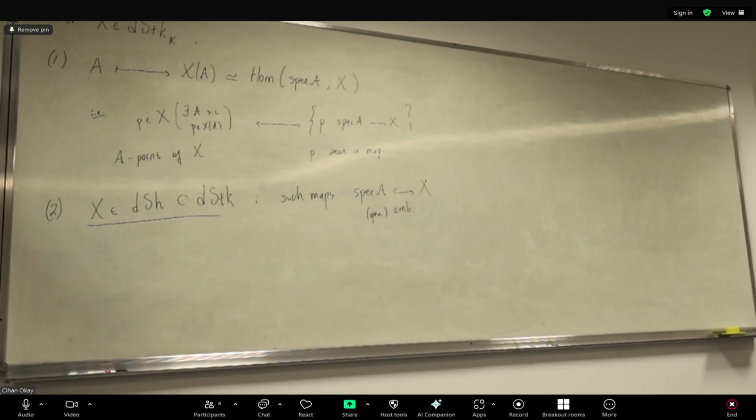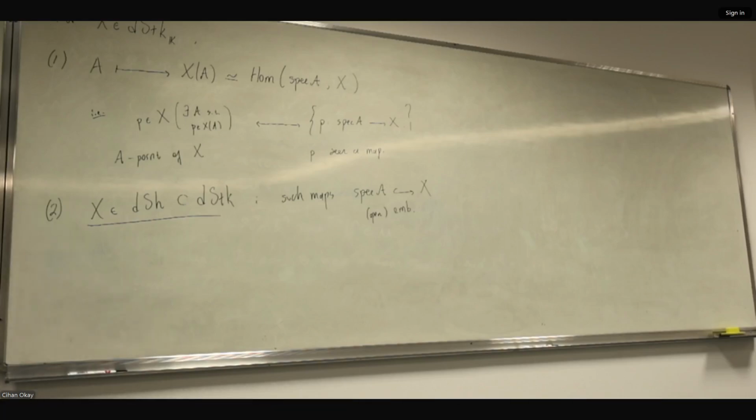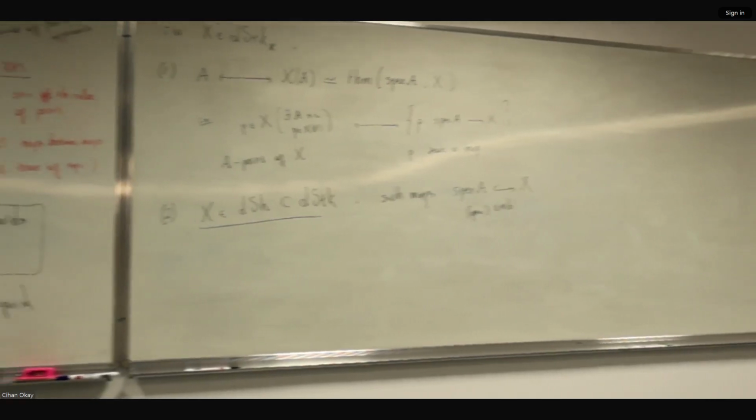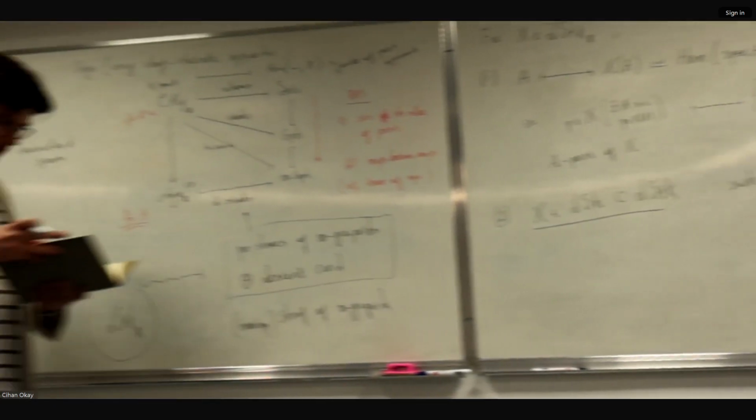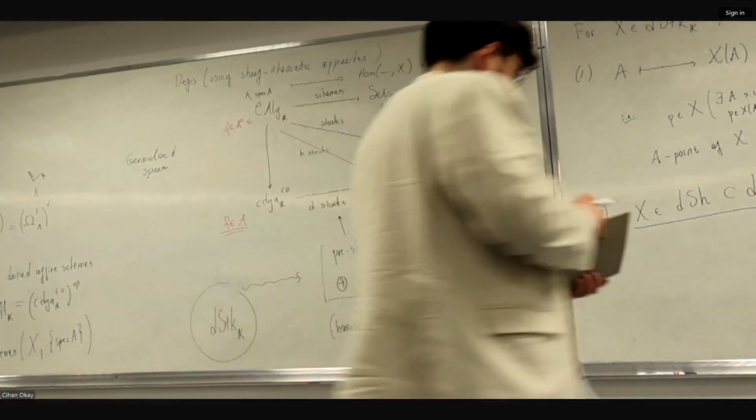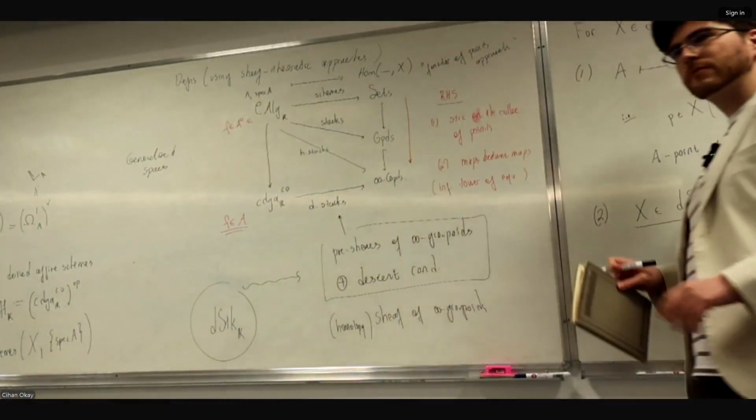Here, it's really like this. You can see X as a topological space, and at the same time, you can define X by using this functor of points approach. So these are two same things, I mean, the same thing using different approaches.